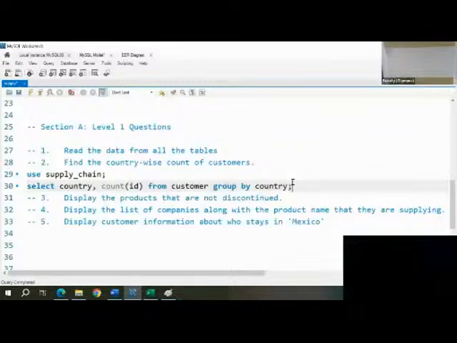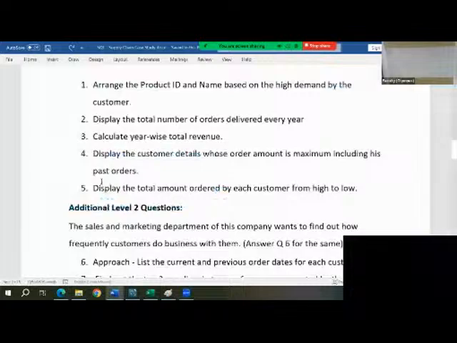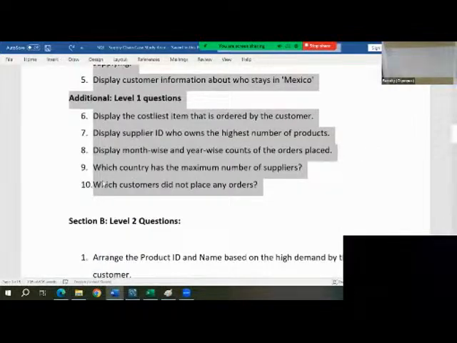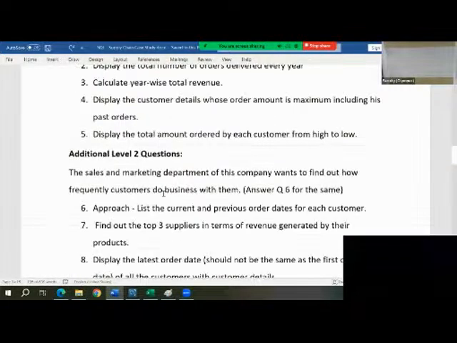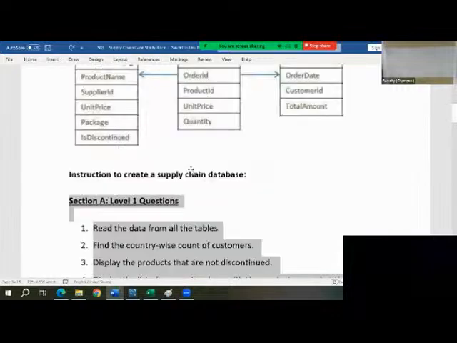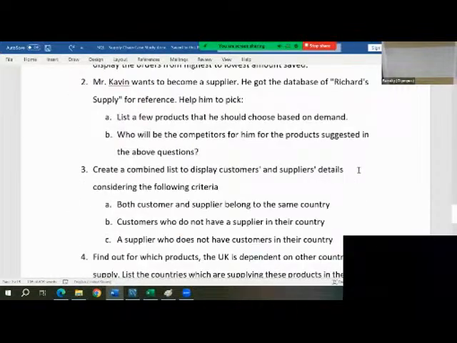Yes. Copy and paste it here. The questions are in this Word document, 4 levels they have asked. I don't know, I have not seen this. So just paste the questions, and these additional questions are for you to solve. They have put a note here, right? Where is that note? At the bottom.